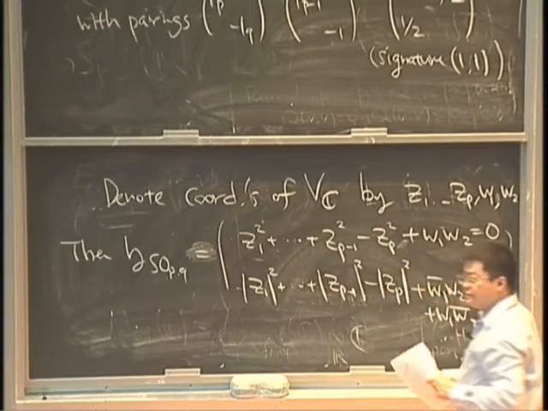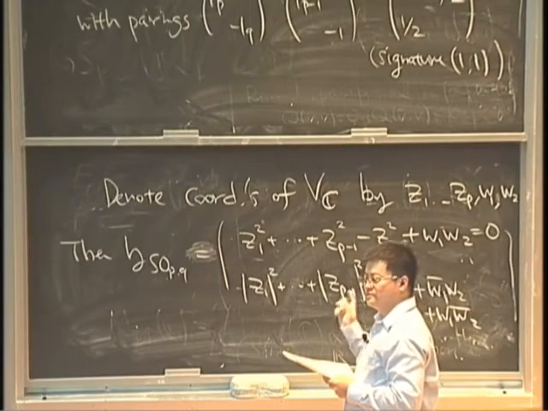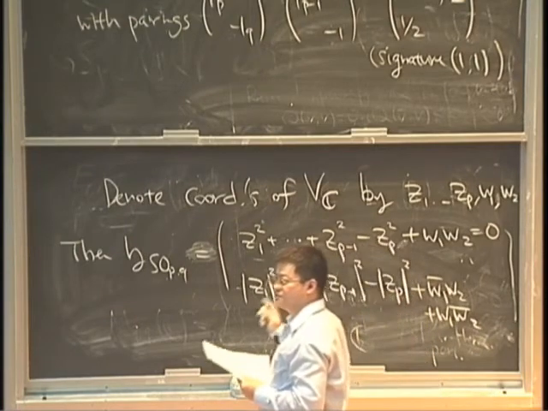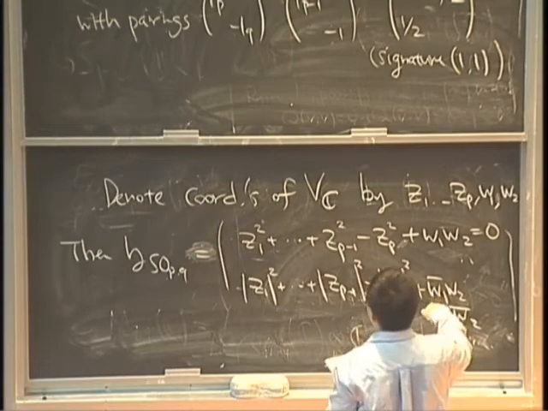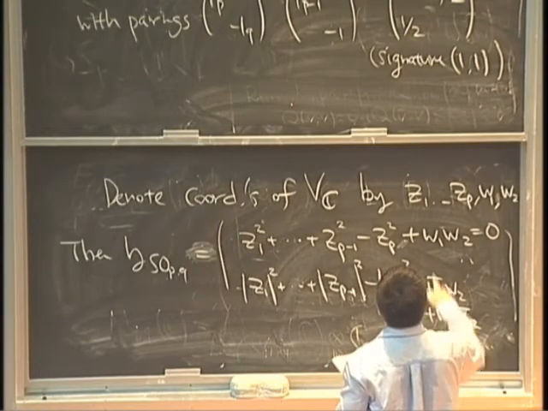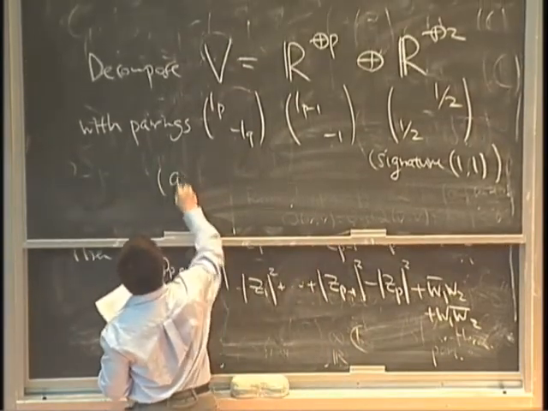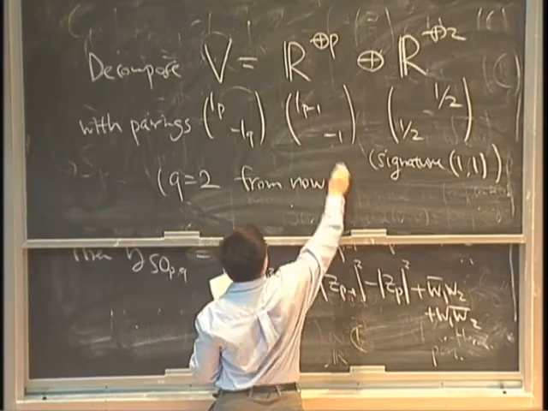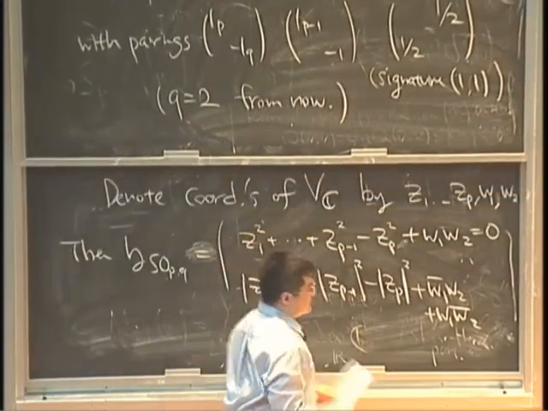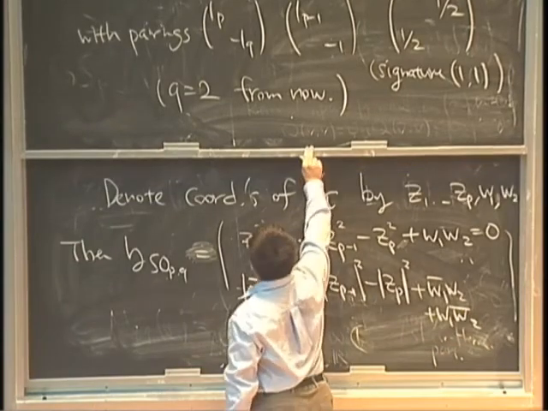Yes? I haven't said anything, but I would say it. At this moment, I haven't really talked about any further structure. Which one? Ah, you mean this second page? Yes. For this second page, yes. Even the top page, yes. Q equal to 2 from now. Thank you. Yeah, for the thing there, maybe it doesn't matter, but starting from this page, I'm using Q equal to 2.